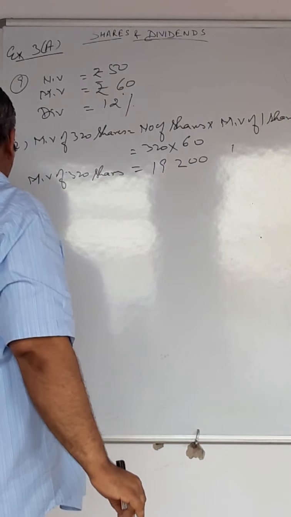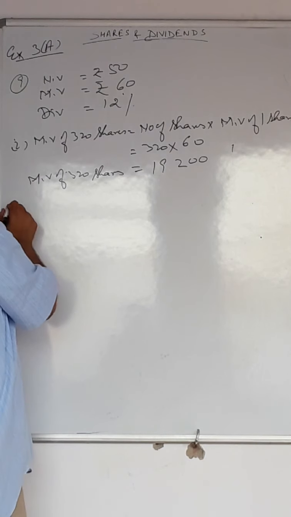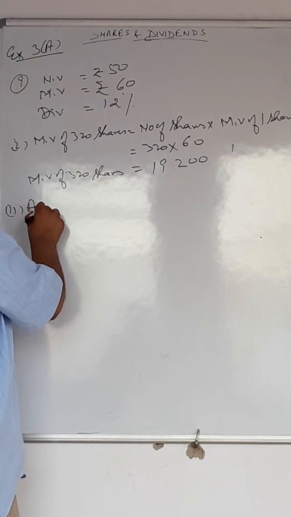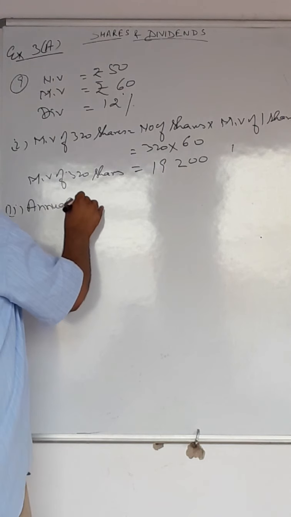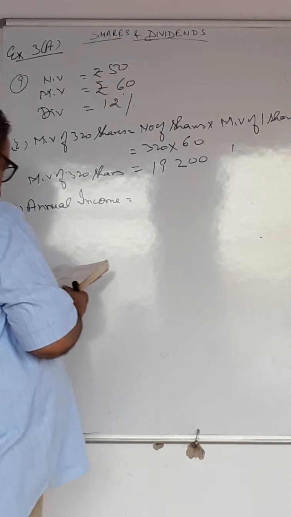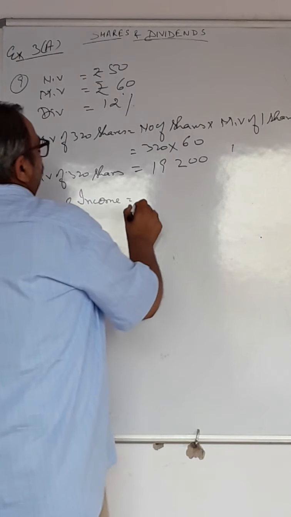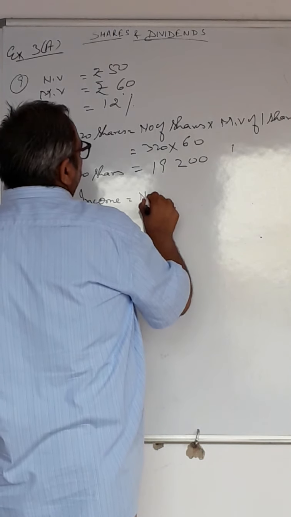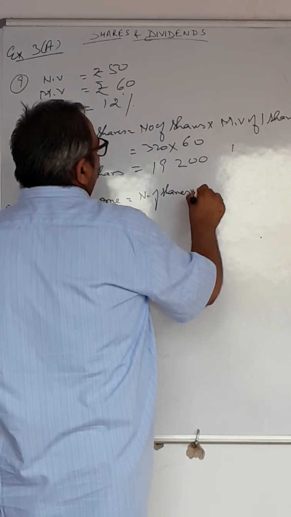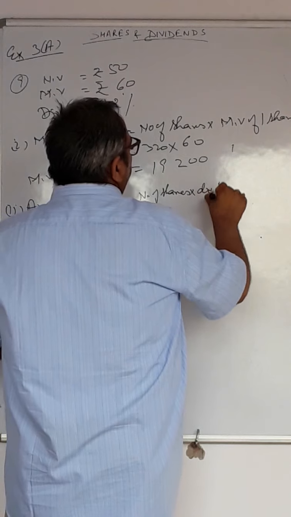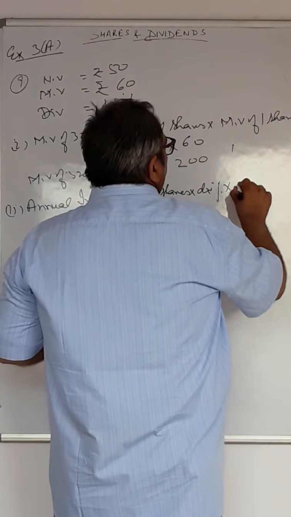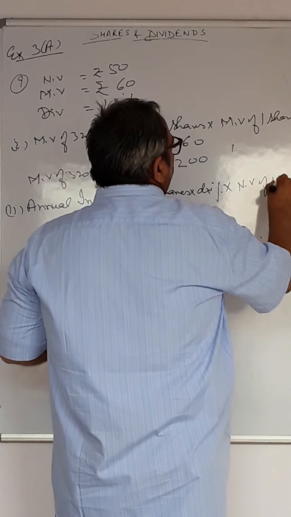Second part is annual income. Annual income is equal to number of shares into dividend percent into nominal value of 1 share.